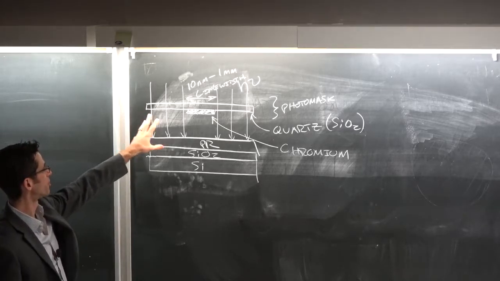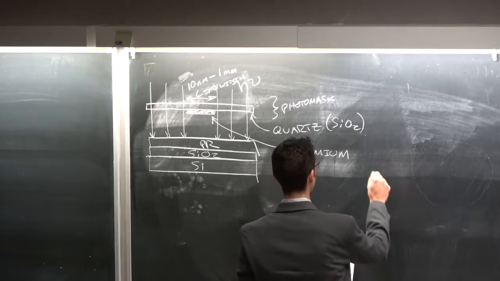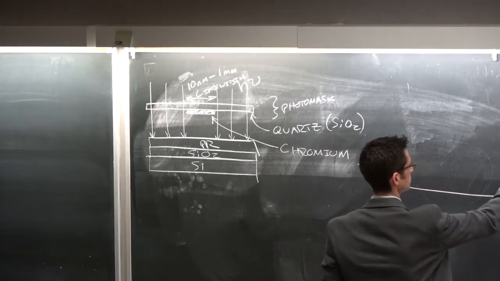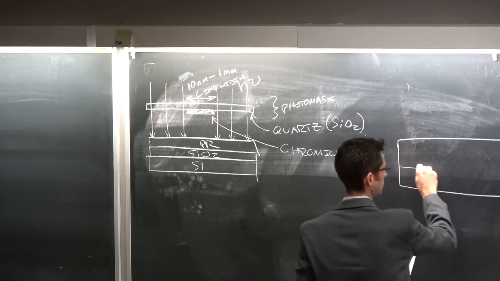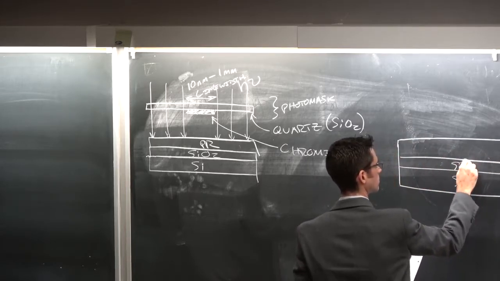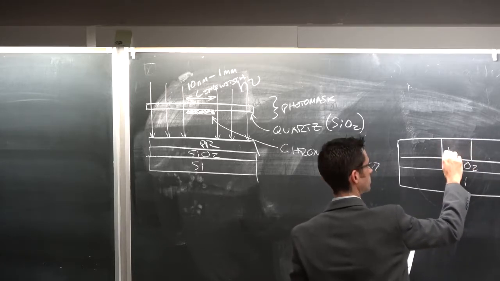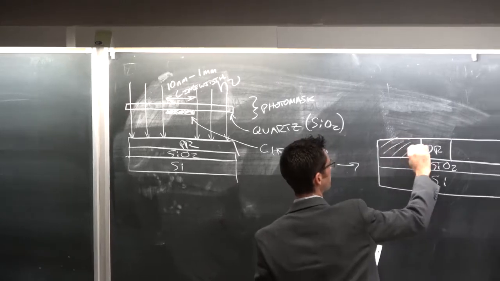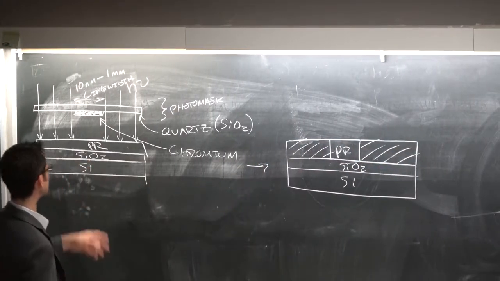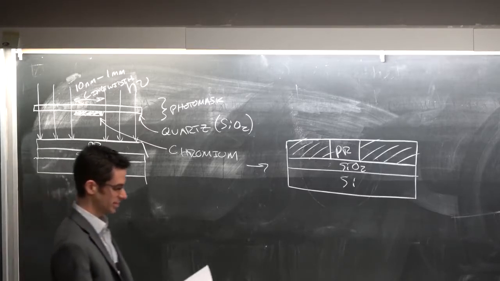Okay, so the photomask comes in, it exposes the photoresist, and then what do we have? Regions here that have now become soluble, because this is a positive photoresist in most circumstances.